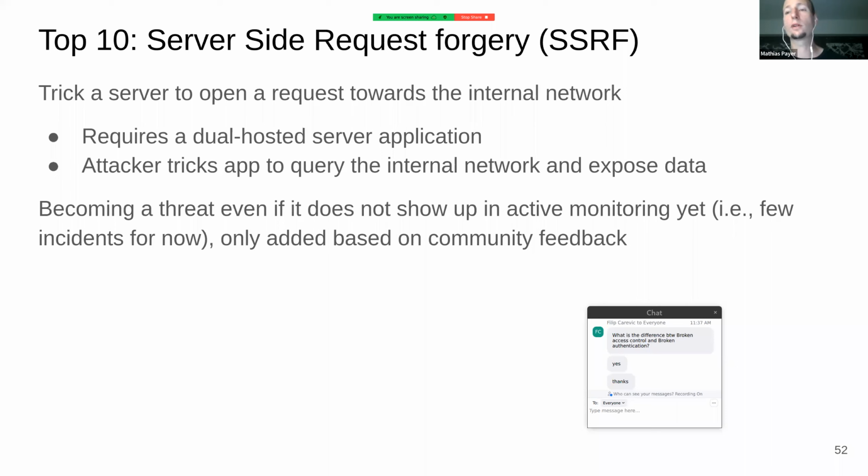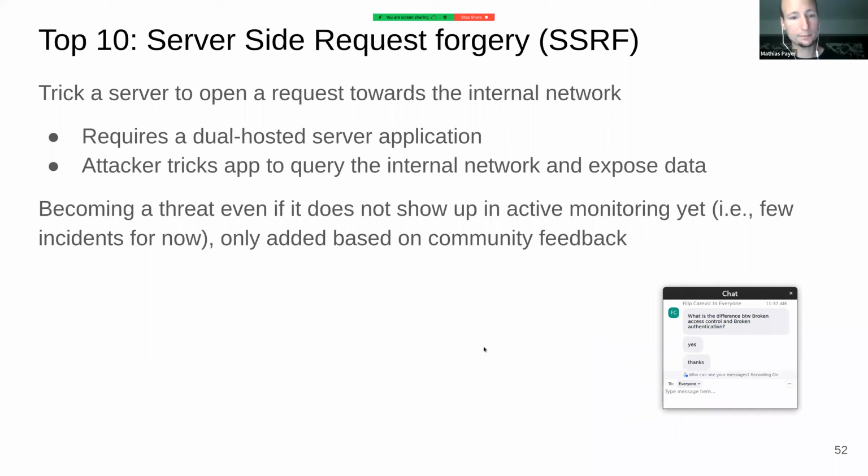For example, to forward some information to an internal web server and to include that through an XML external entity include option. This would be a prime example of a server-side request forgery issue. It's not being observed as a main threat vector now, but it's a way to get around firewalls and other kinds of restrictions. The community feedback is that this is going to be fairly important going forward, and we may see this more in the future.